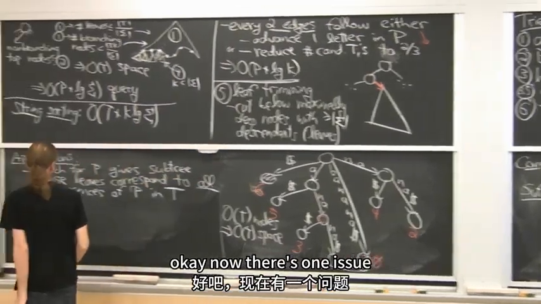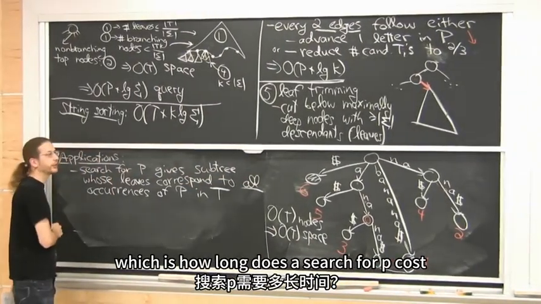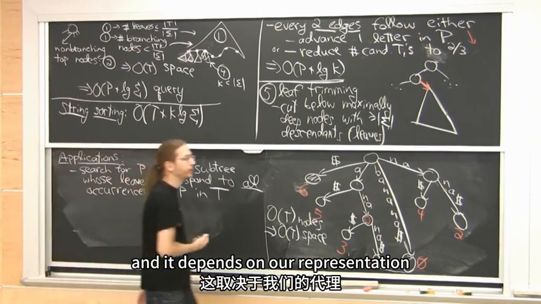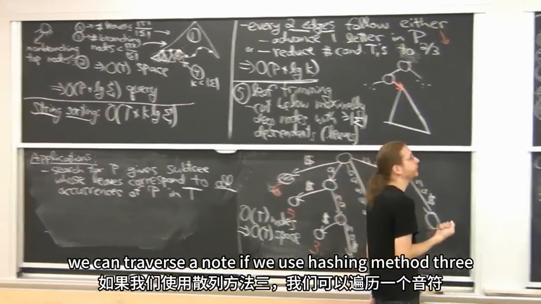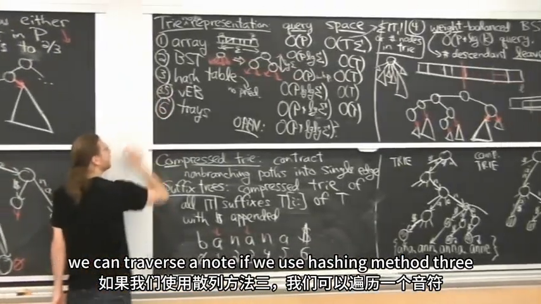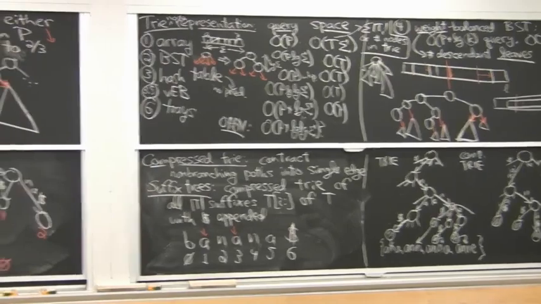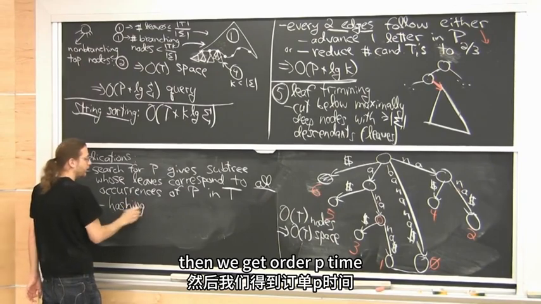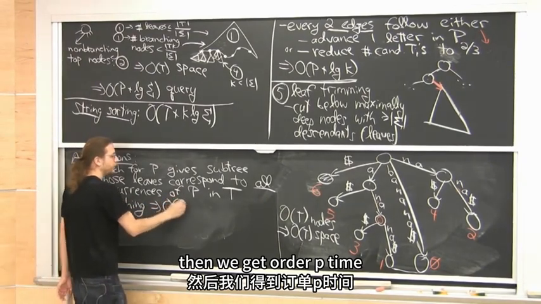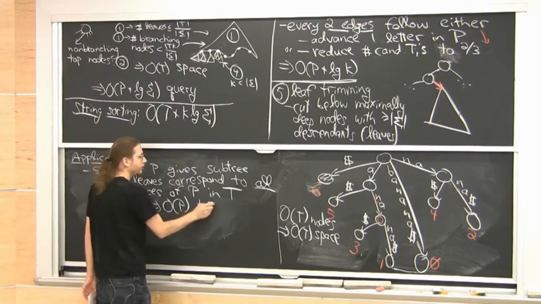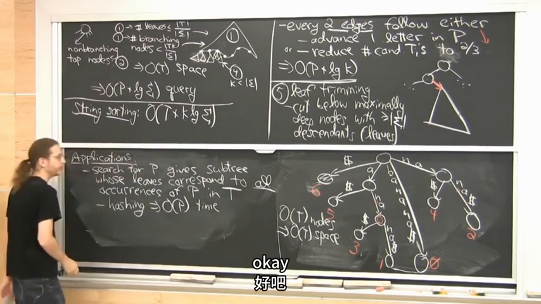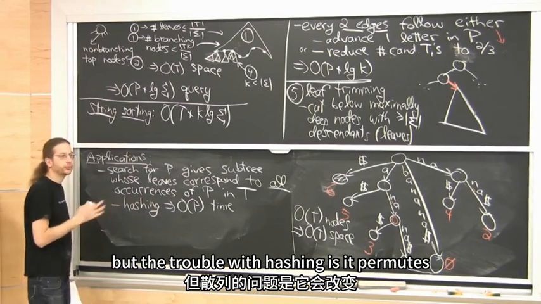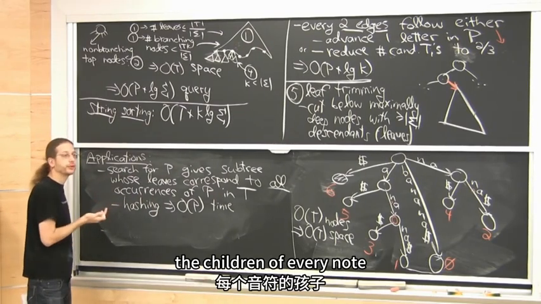Okay, now there's one issue, which is how long does a search for P cost? And it depends on our representation. It depends how quickly we can traverse a node. If we use hashing, method 3, then we get order P time. Okay, but the trouble with hashing is it permutes the children of every node.